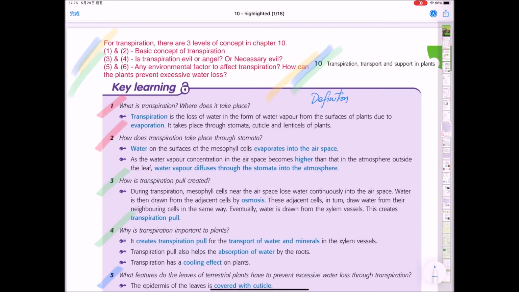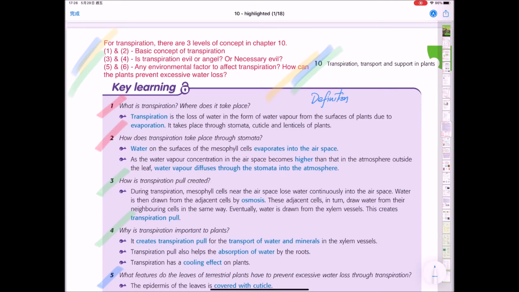In the lesson, I always ask you this question: is transpiration evil or angel, or even a necessary evil? That means something bad, but we really need it. That's for part 3 and part 4.